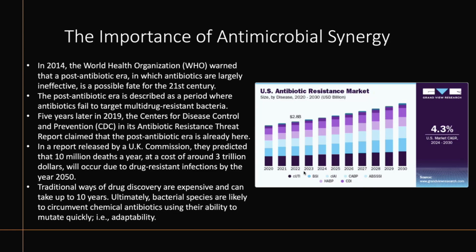And so ultimately you go through all that process, and bacteria will, most of the time, find a way to circumvent the antibiotics eventually, using their ability to mutate quickly, their adaptability. So there is a need to find different kinds of antimicrobials, or to enhance the antimicrobials that we already possess through the concept of synergy.